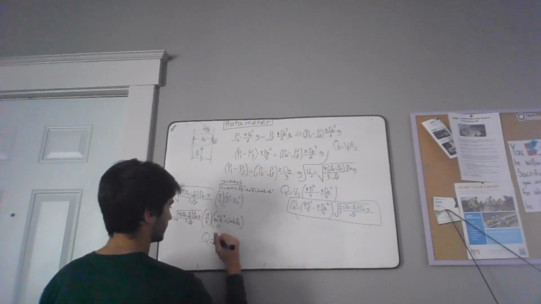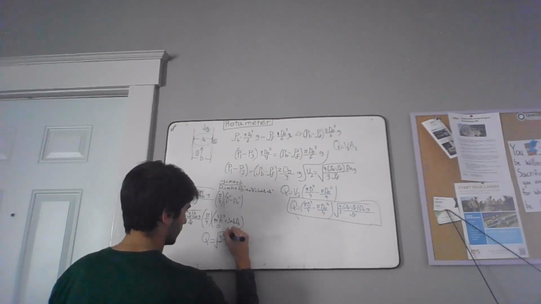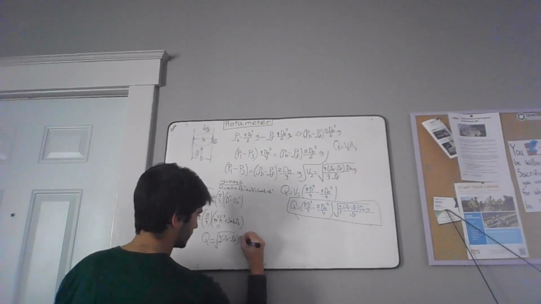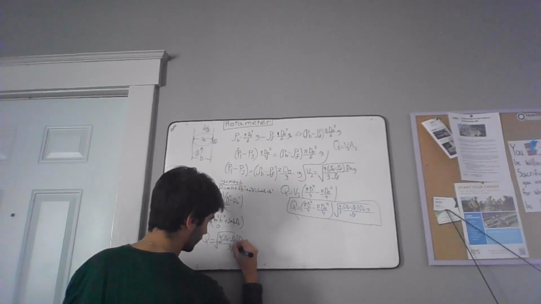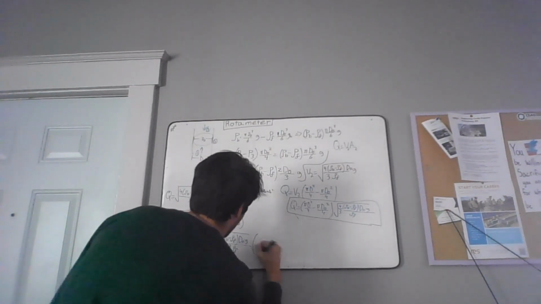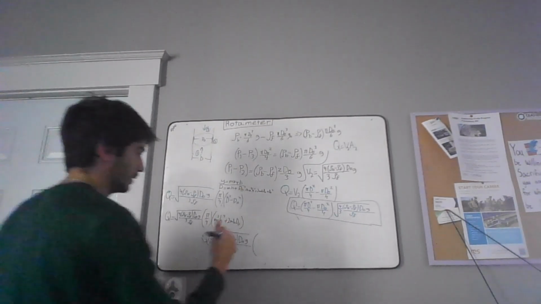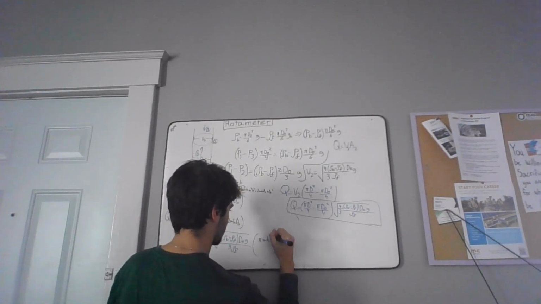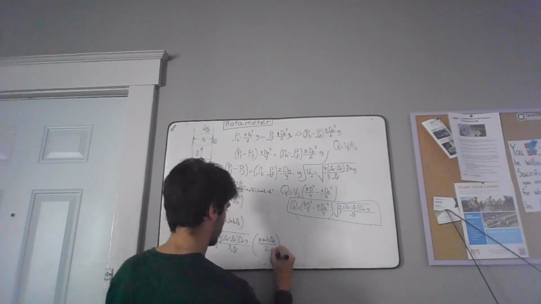I'm going to keep this still out in the front, so we have 4 times (rho b minus rho f) times d naught times g over 3 rho f, and then multiply pi over 4 times this, so we get pi m h d naught over 2.